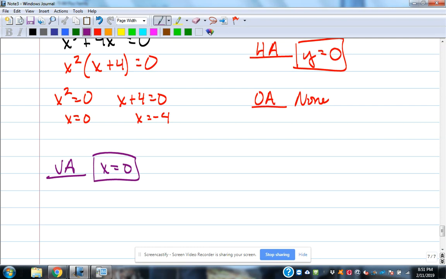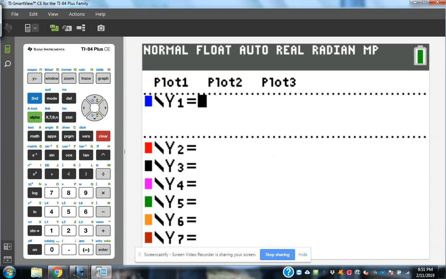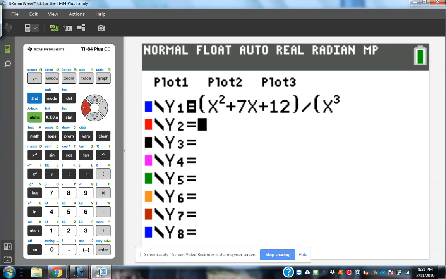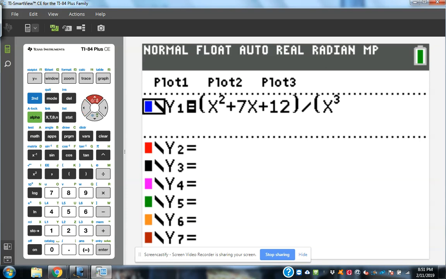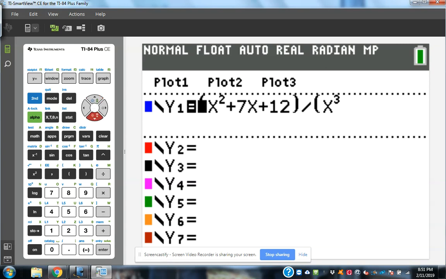If you look at the graph, I can do x squared plus 7x plus 12 divided by x to the third plus 4x squared.